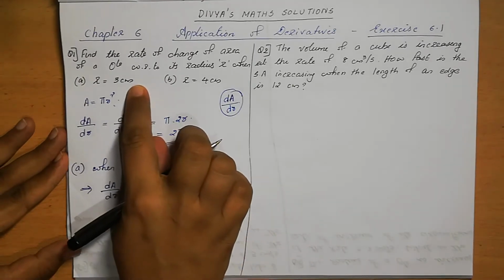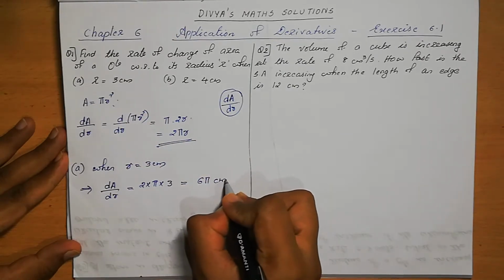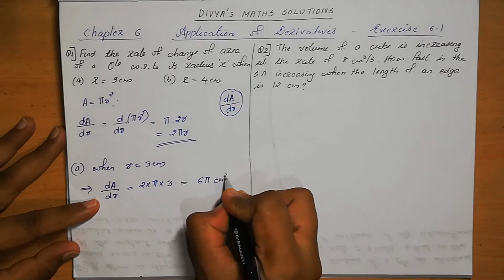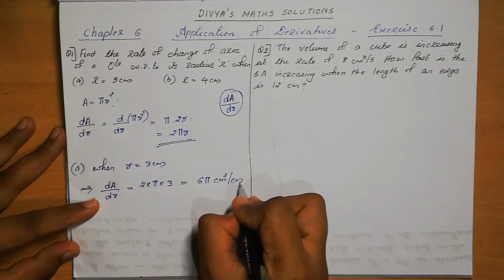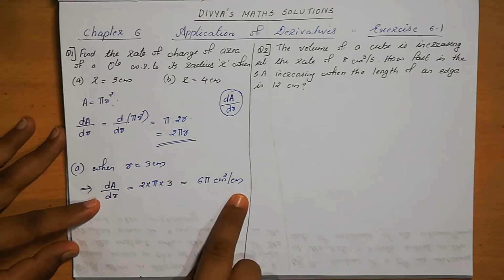The unit: what is the unit of area? Centimeter square, right? Divided by the radius unit, centimeter. So centimeter square by centimeter, or 6 pi per centimeter, we can write.